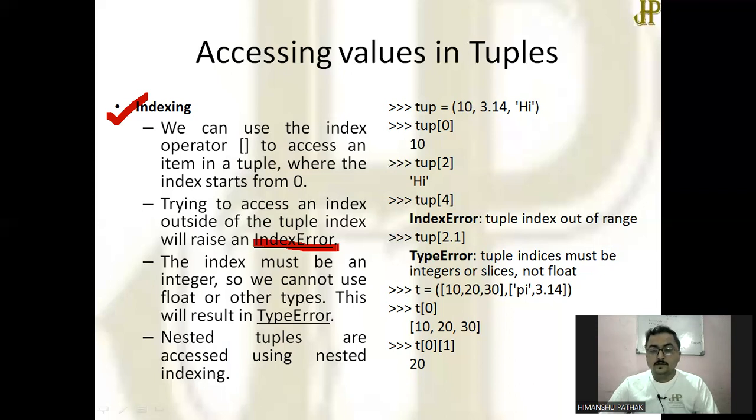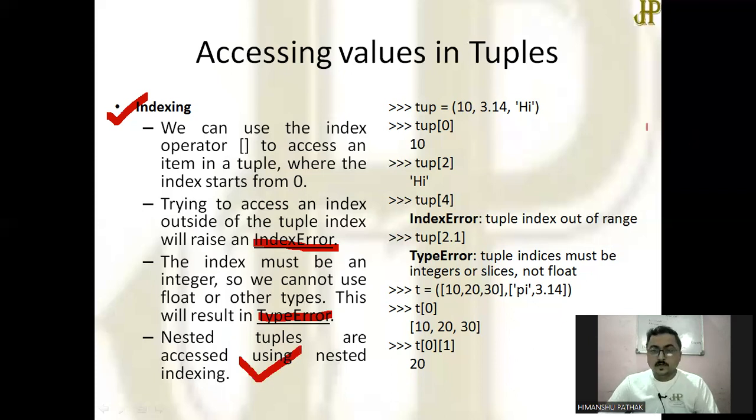Another thing is, we cannot use floating or any other type other than integer in indexing. If we do so, then it will result in a type error exception. Nested tuples are accessed using nested indexing, just like list.